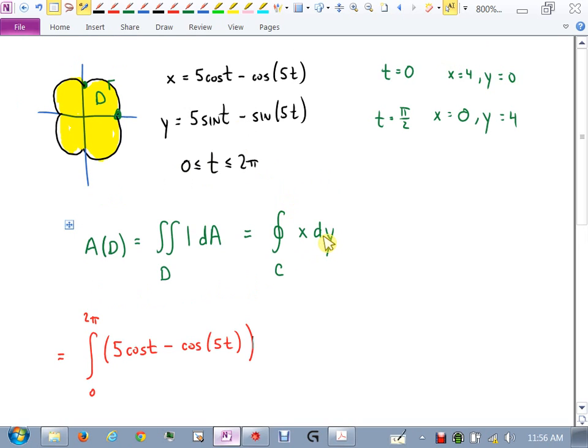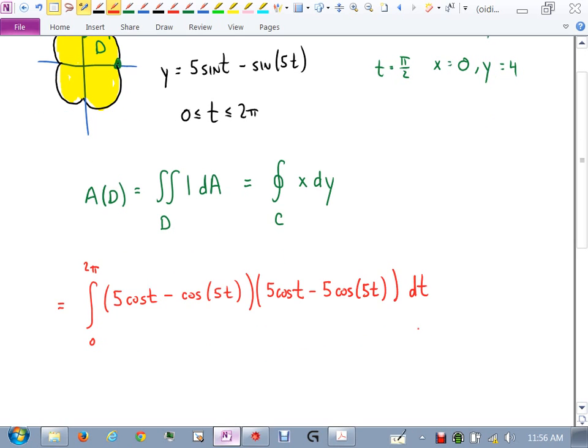So what's dy for us? 5 cosine t minus 5 cosine 5t, dt. Do y'all agree?